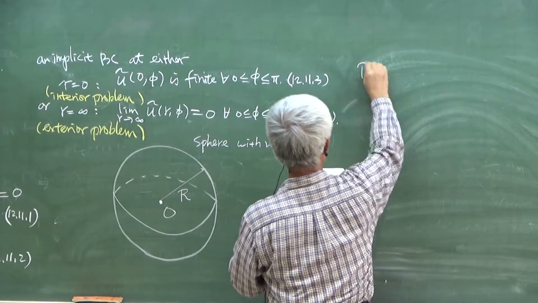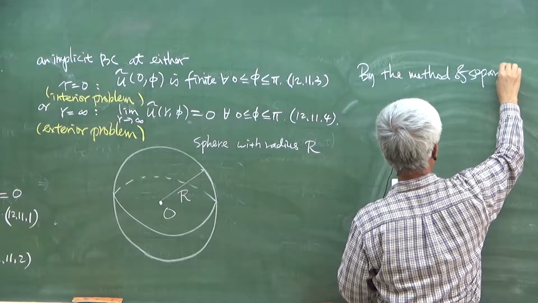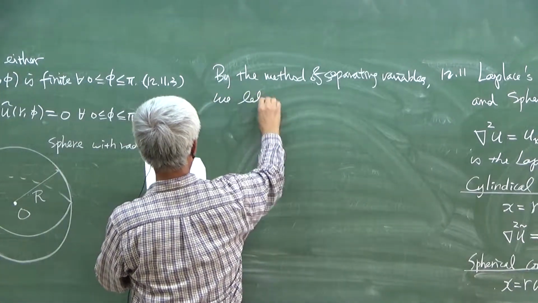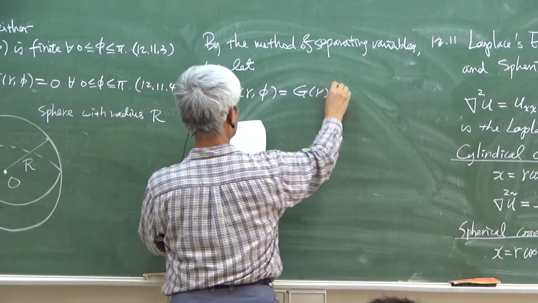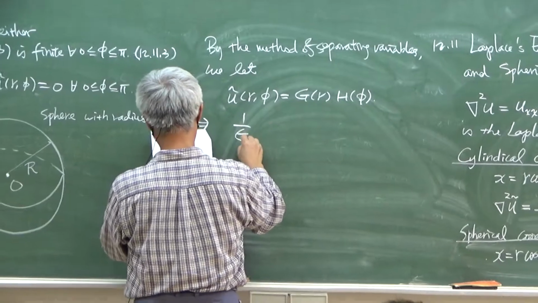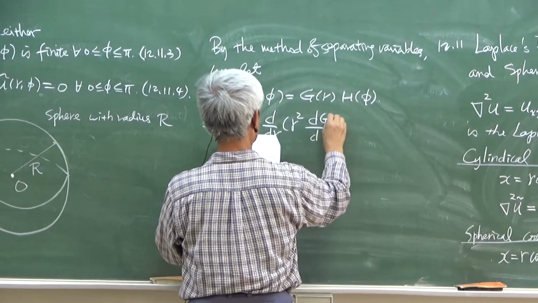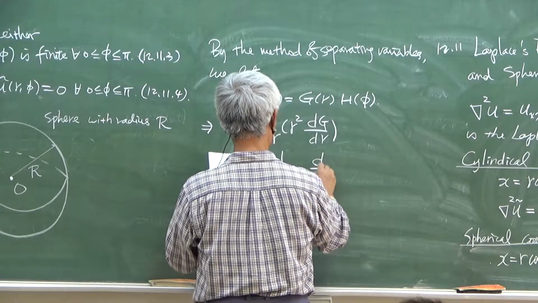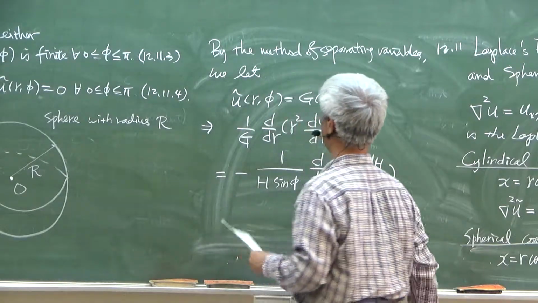So now, by the method of separating variables, let u(r, phi) equal G(r) H(phi). Then we will have (1/G) d/dr (r squared dG/dr) equal to minus (1/(H sine phi)) d/dphi (sine phi dH/dphi).